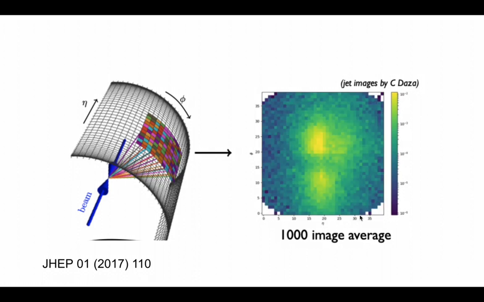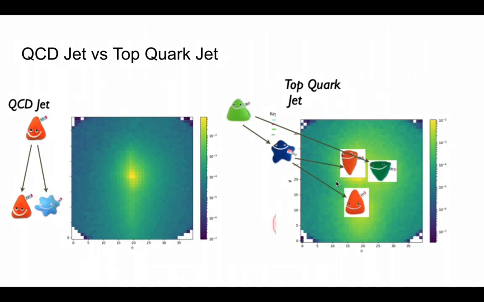If you accumulate 1,000 jets, you can see some average distribution of the top jets. You can sort of see a two light jet structure and one bottom jet structure here. If we compare to the background, which is a QCD jet, quite often it just hadronizes to two hadrons or multiple hadrons. The structure of these three subjets is not so evident in the QCD jets.